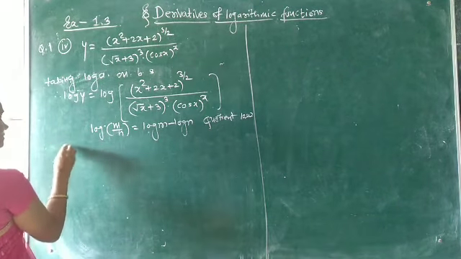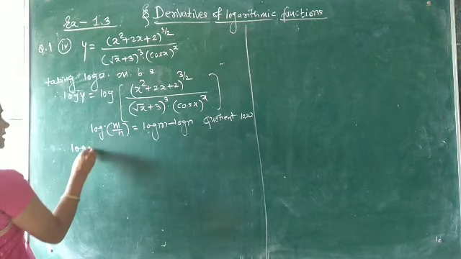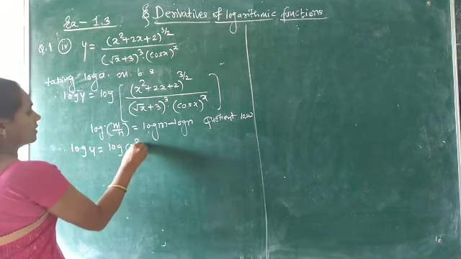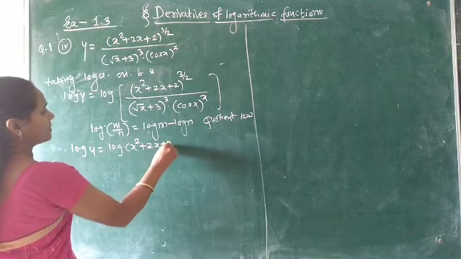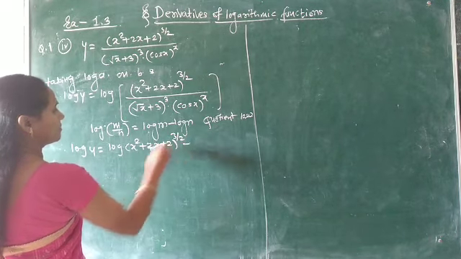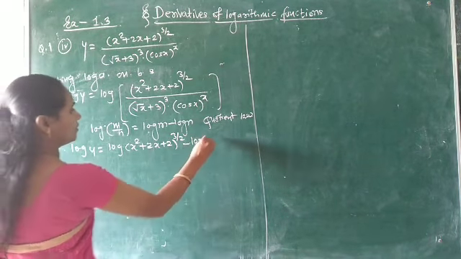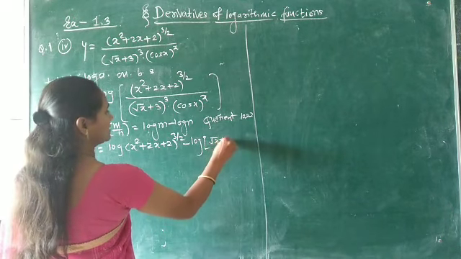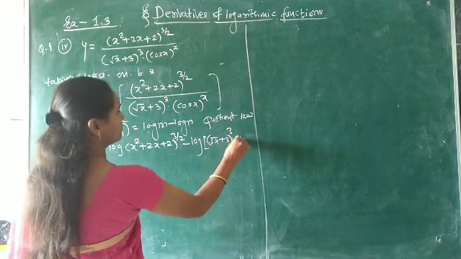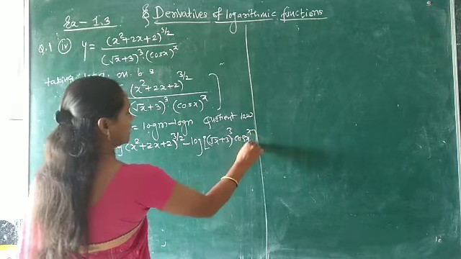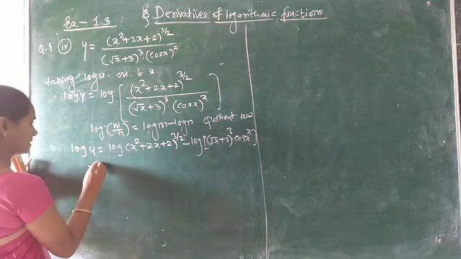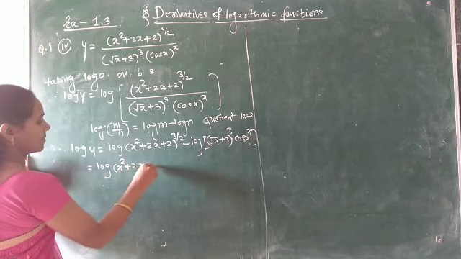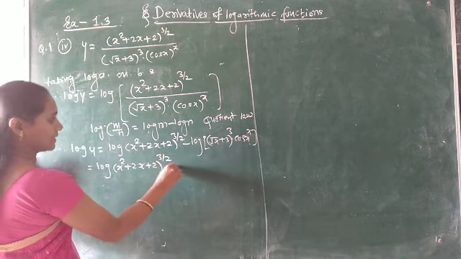Now log y is equal to, applying the quotient law, log of (x square plus 2x plus 2) raised to 3 by 2 minus log of ((root x plus 3) cube into (cos x) raised to x). The first term stays as it is.